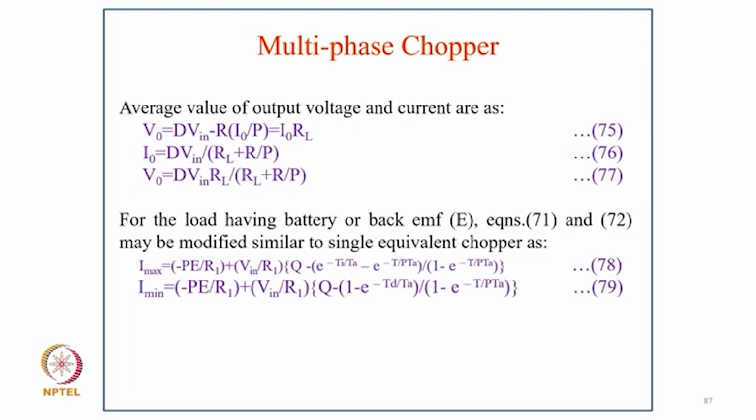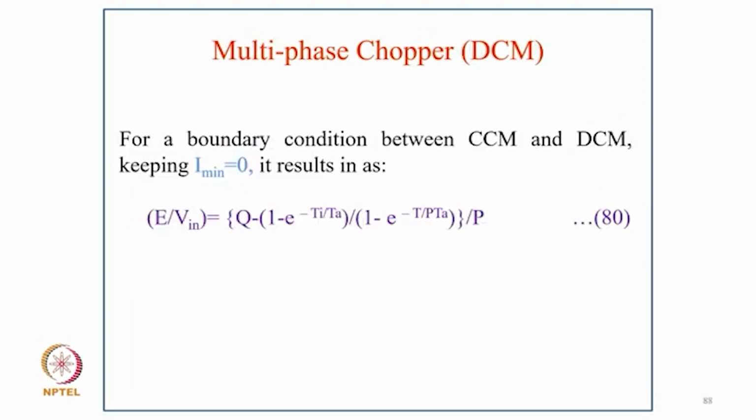So Imax = -E/R1 + (Vin/R1)((Q - e^(-Ti/Ta)) - e^(-T/PTa))/(1 - e^(-T/PTa)), and Imin = -E/R1 + (Vin/R1)((Q - 1) - e^(-Td/Ta))/(1 - e^(-T/PTa)). For the boundary condition between CCM and DCM, with Imin = 0, it results in E/Vin = (Q - (1 - e^(-Ti/Ta)))/(1 - e^(-T/PTa)) divided by P.